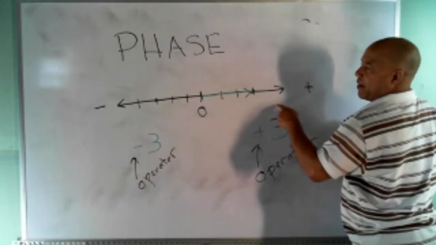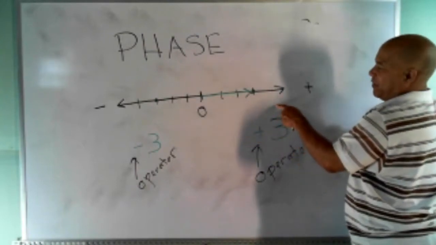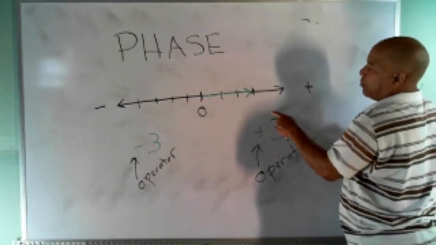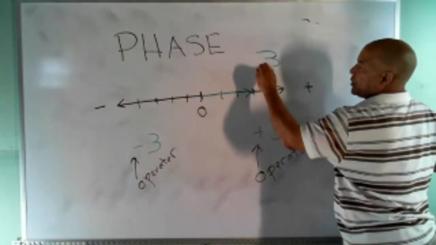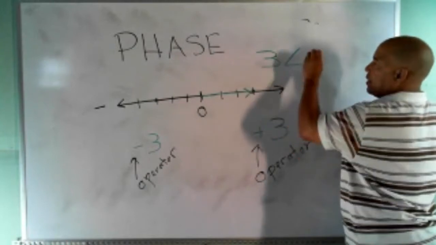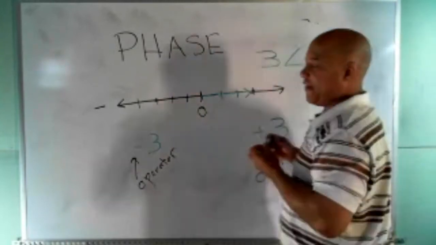That's my starting point. I go over 3 units, and the angle that I make with this axis is 0 degrees. And that's what I mean by phase.